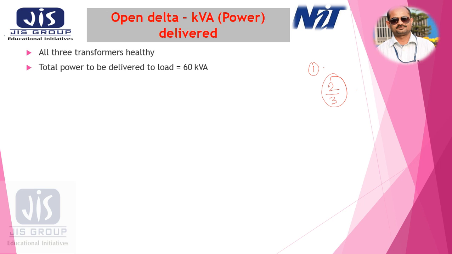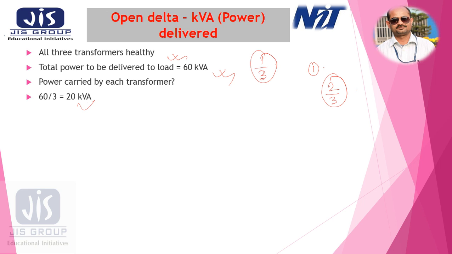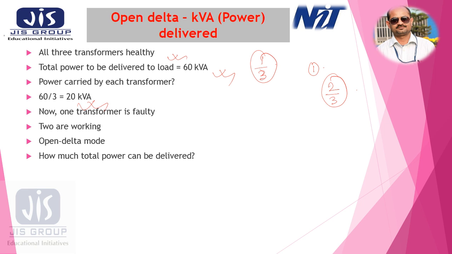Suppose all three transformers are healthy and the total power delivered to the load is 60 kVA. What is the power carried by each transformer? 1/3, that is 20 kVA. Now one transformer is faulty, two are working, open delta mode. So how much will it deliver? 2/3, that is 40 kVA. But this is not true, so we have to determine how much it is delivering.